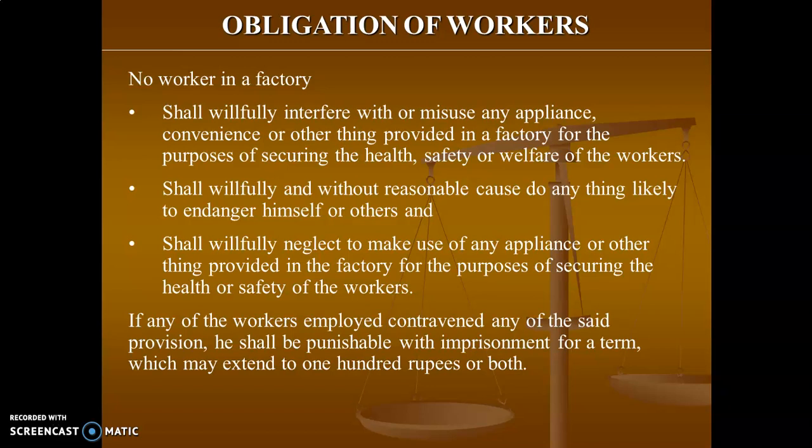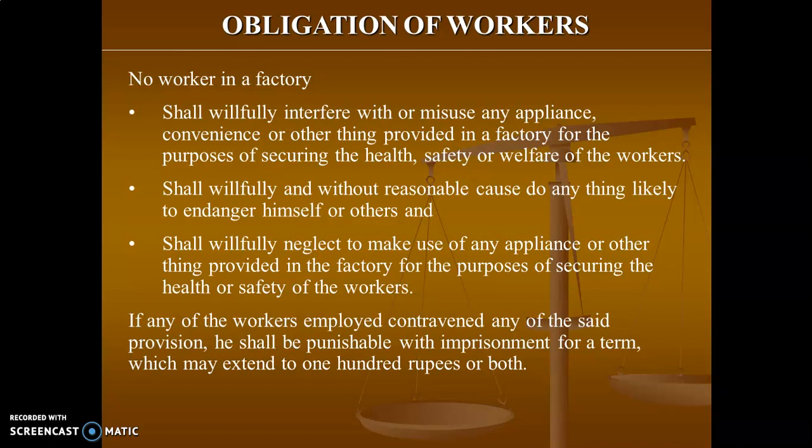You should not contravene any of the provisions of the Factories Act. If he contravenes these provisions or sections, he shall be punishable with imprisonment for a term which may extend to a certain period. The imprisonment and amount have been updated year by year, and based on the Amendment Acts we come across different changes in this amount also.